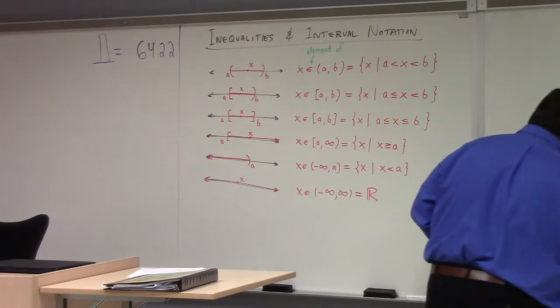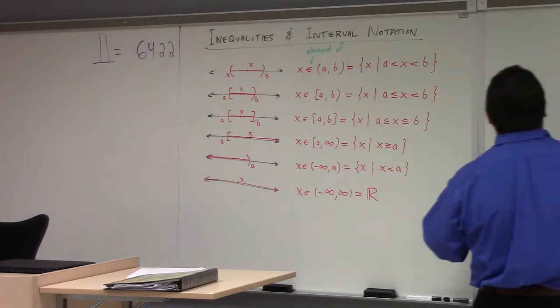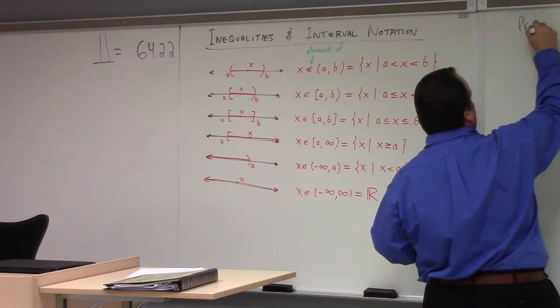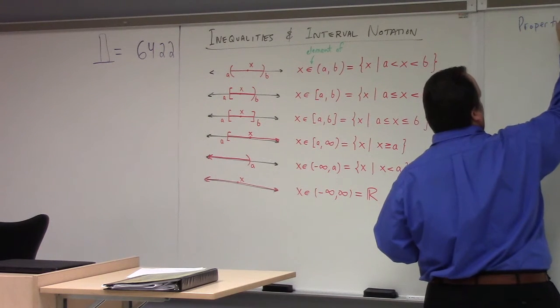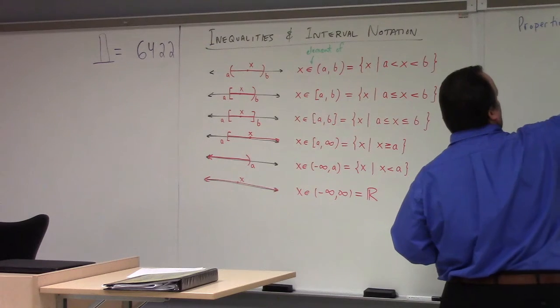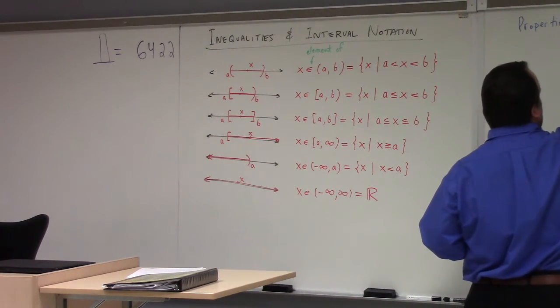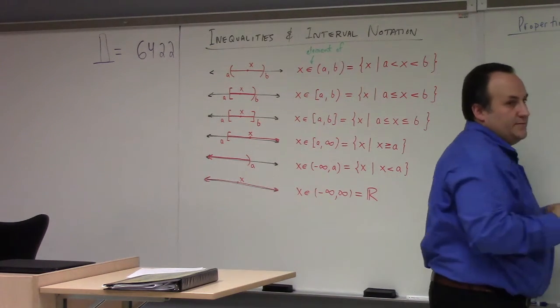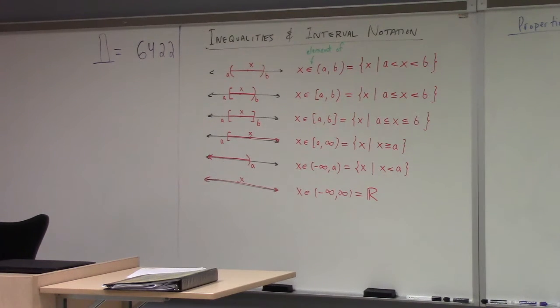Actually, before I do that, I should just mention a couple of properties of less than or equal to and greater than or equal to, right? So let's just go over some basic properties we need to know to work with these.